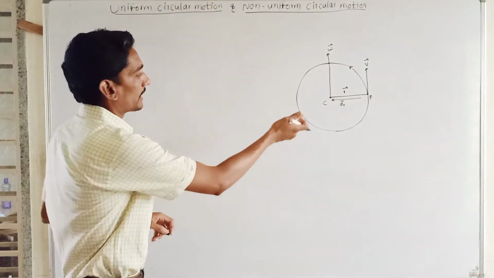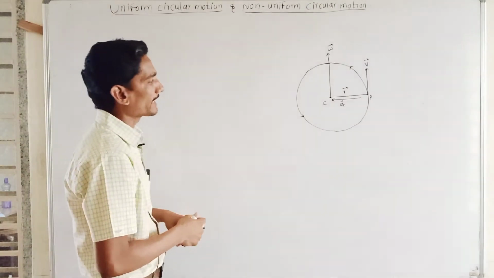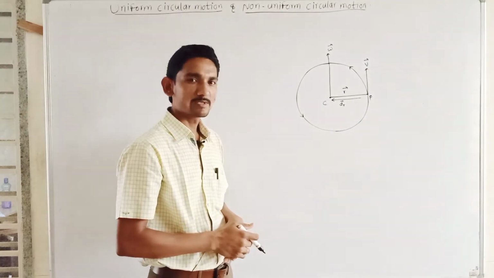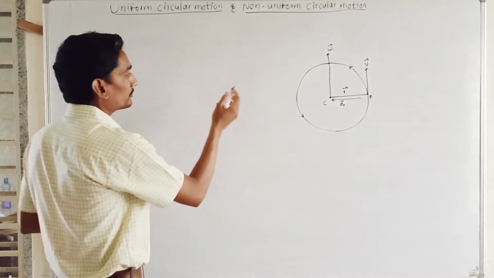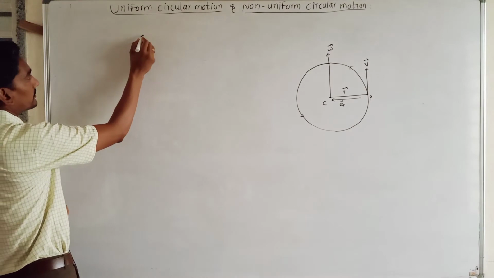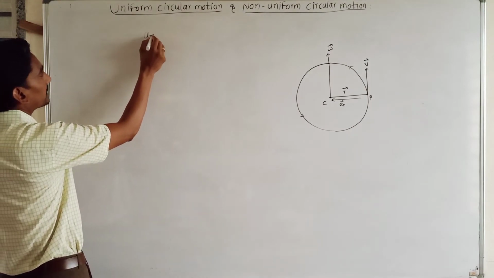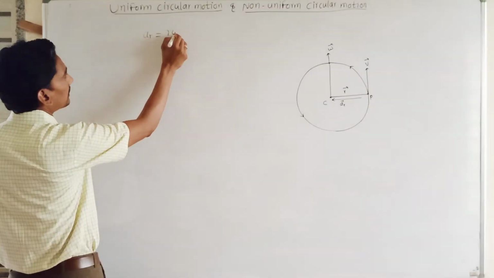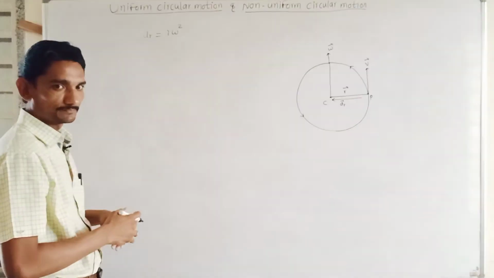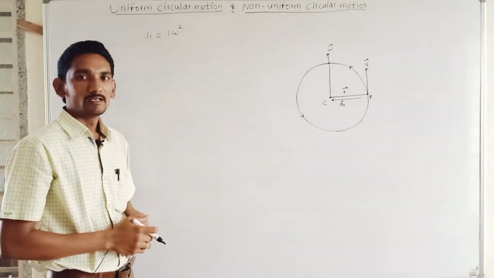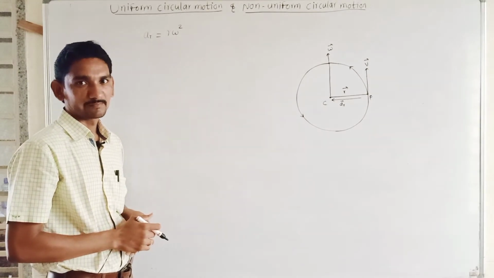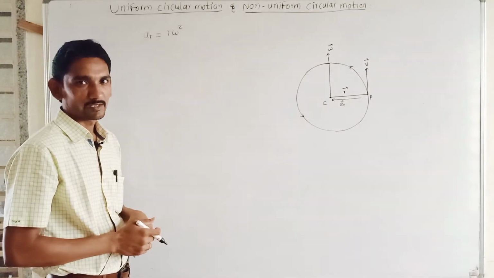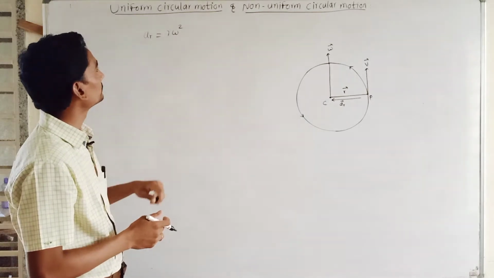So what is the magnitude of acceleration in uniform circular motion? We can determine the magnitude by using this relation: radial acceleration magnitude equals r omega square. This is the magnitude of the centripetal acceleration in uniform circular motion.